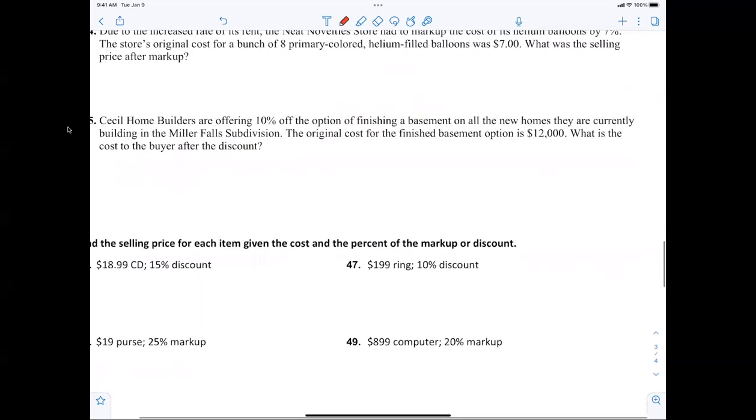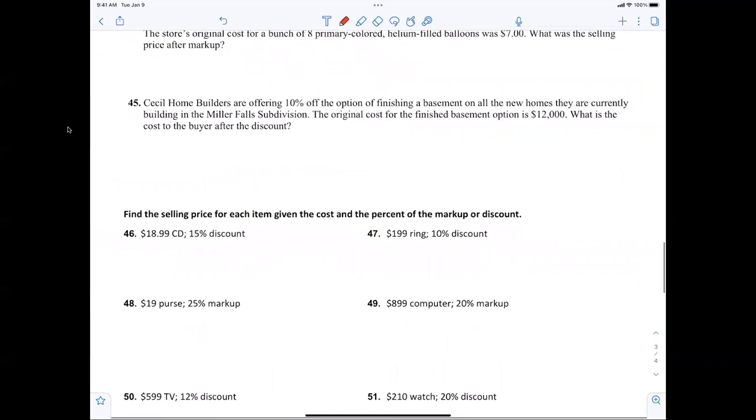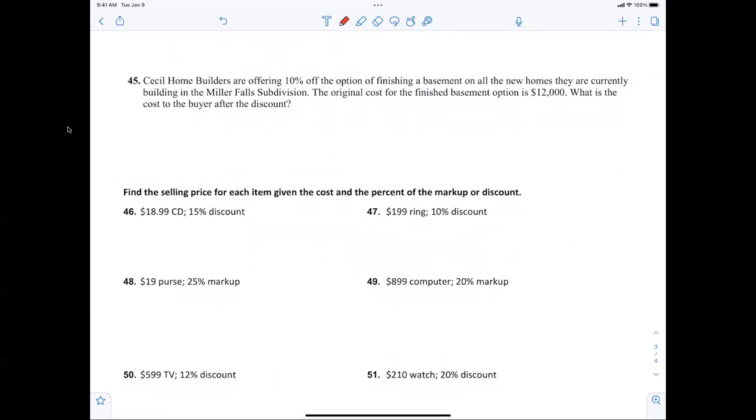Read me 45. The furniture store is offering 10% off the finished basement. The original cost for the finished basement is $12,000.